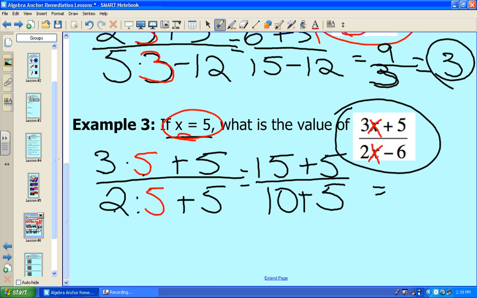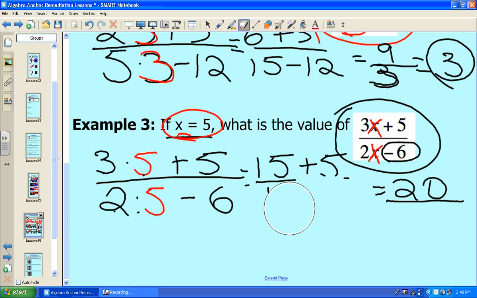Okay, now you want to simplify the numerator. 15 plus 5 is 20. In the denominator, 10 plus 5. You know what? I made a mistake. Back here, I wrote plus 5. That should have been a minus 6 from right here.